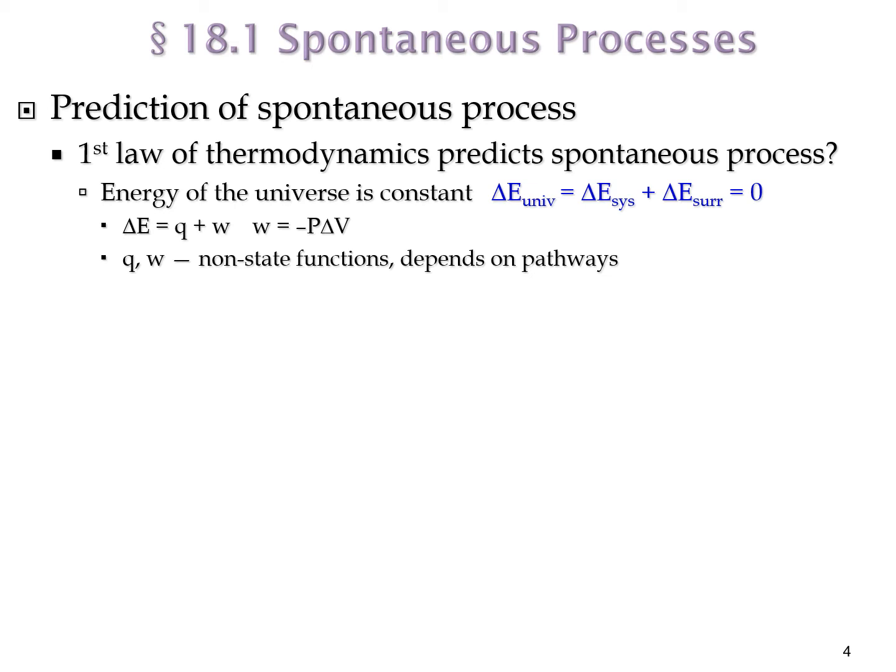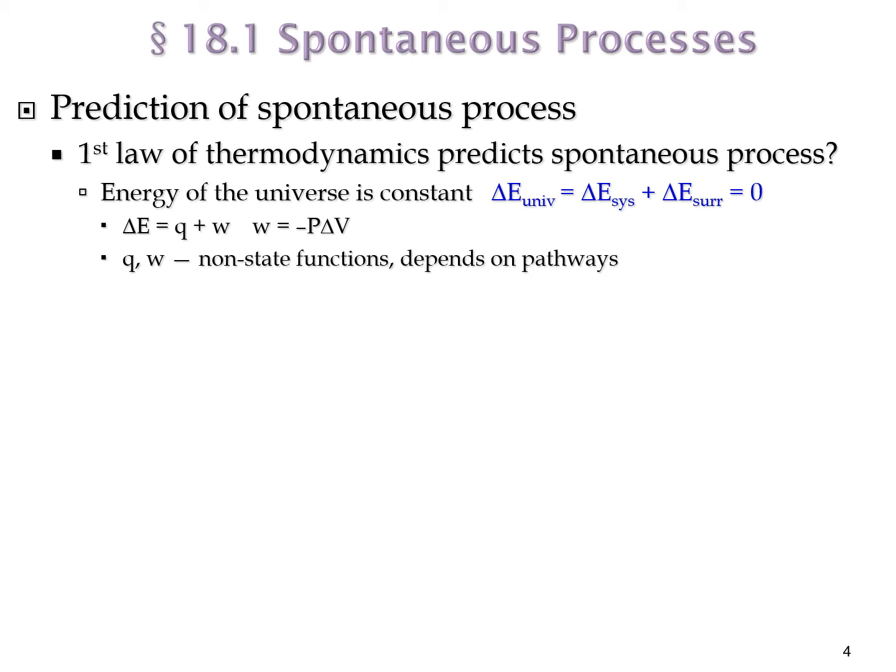The first law says the energy of the universe is constant. In other words, delta E of the universe is equal to 0. So the energy change of the system and the energy change of the surroundings are equal in value, but have different signs. So we have established a relationship between the system and surroundings in terms of energy flow.